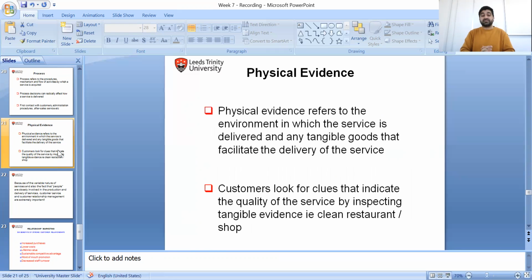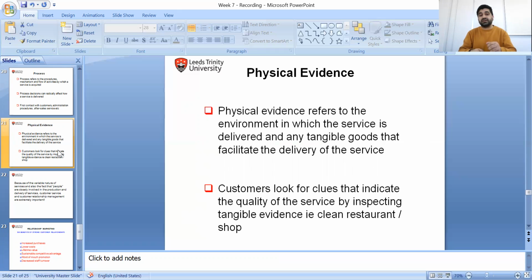Physical evidence is more important when we are talking about services. Physical evidence refers to the environment in which the service is delivered and any tangible goods that facilitate the delivery of the service. As I provided another example of a haircut, the hairdressers provide the infrastructure like the shop.